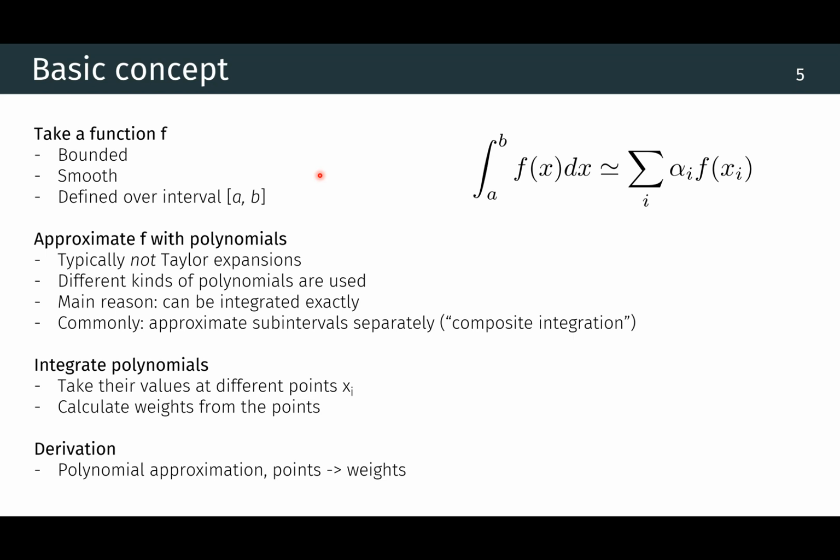And that's exactly what these weights are. So if you do the derivation, you can take your cubic function, you can integrate it analytically, keeping all the coefficients as variables, and then later on calculate what these alpha i should be if you had the individual function values at certain points.